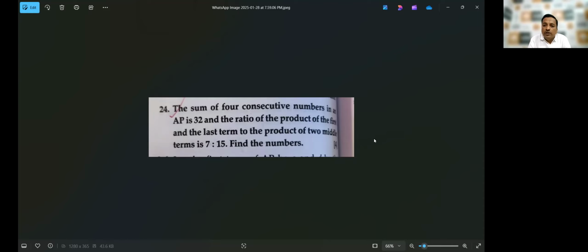Okay. So students, whenever AP में आएगा 3 consecutive terms, I think so मैंने आपको बताया, नहीं बताया, I don't know. In this type of sums are asked, अगर बोला AP है and 3 consecutive terms, तो you have to take a minus d, a and a plus d only. If 4 terms, a minus 3d, a minus d, a plus d and a plus 3d.